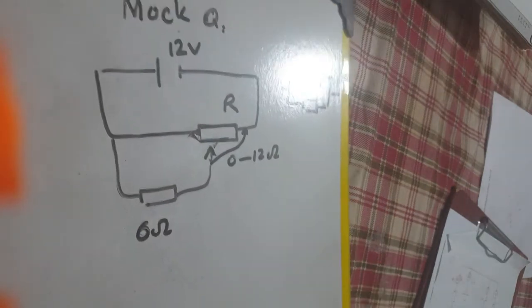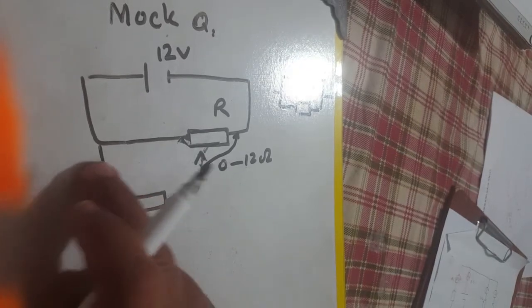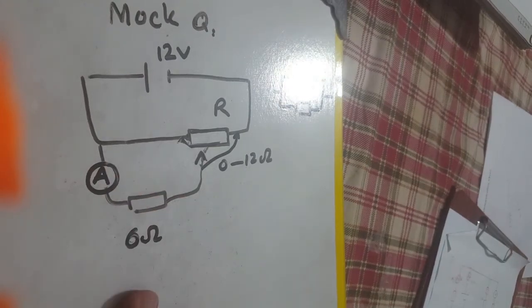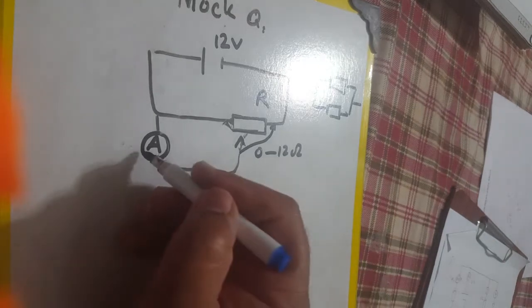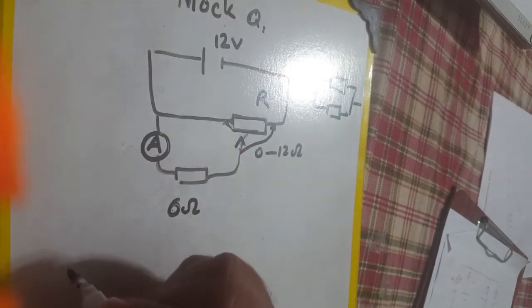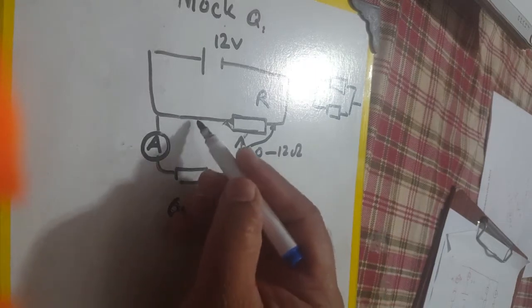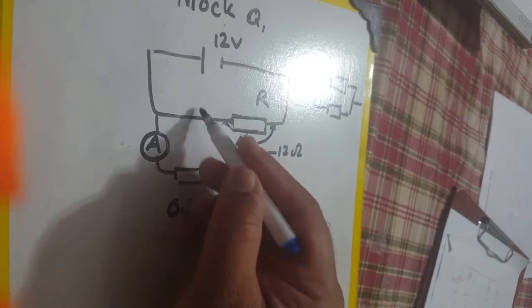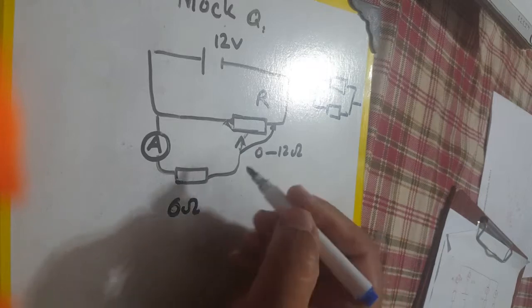So for the max value of the current and for the minimum value of the current, here he has given us an ammeter. Now our maximum and minimum current will be in here, not in here. In some other year he can put an ammeter in here and say that maximum current निकालो यहाँ पर। तो ये आपका क्वेश्चन था। Let's go with it.